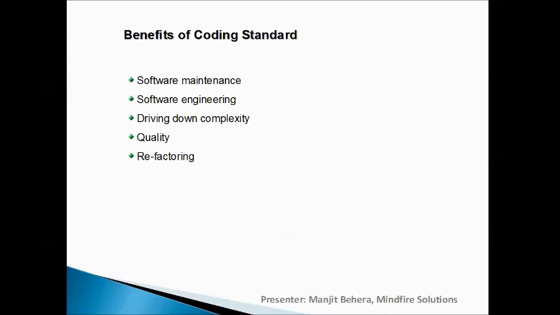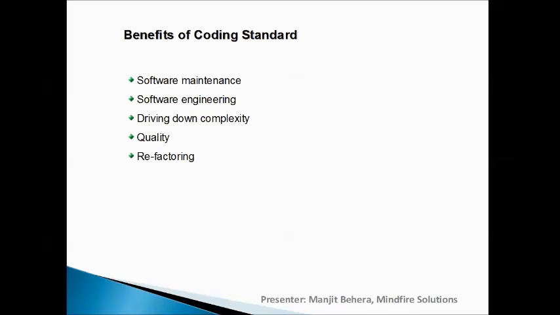Then quality. Quality always comes from an organized, well defined and good product. And a good product must follow a few rules and regulations or proper steps of development, which is nothing but the coding standard.